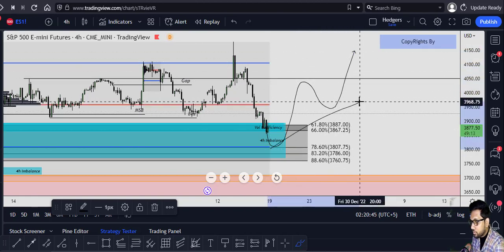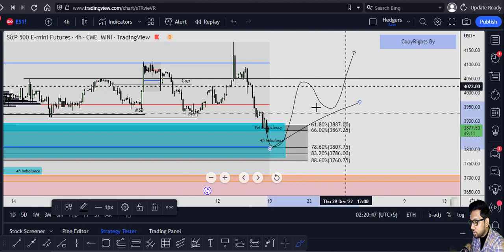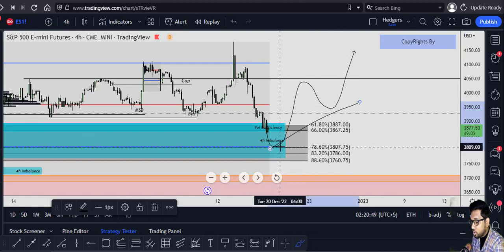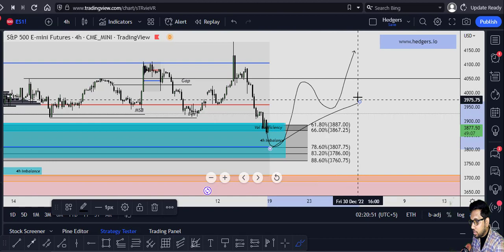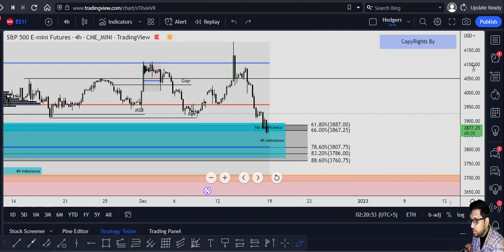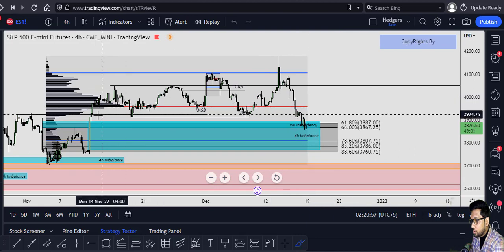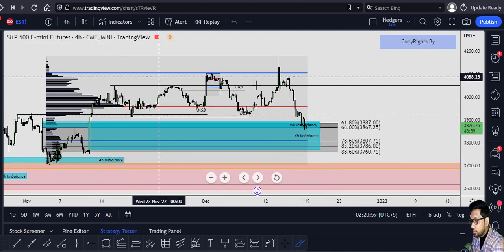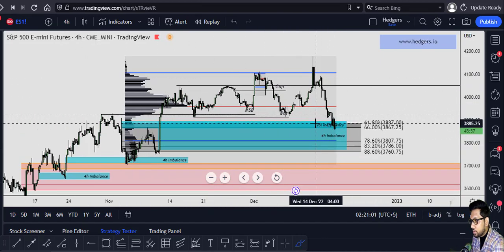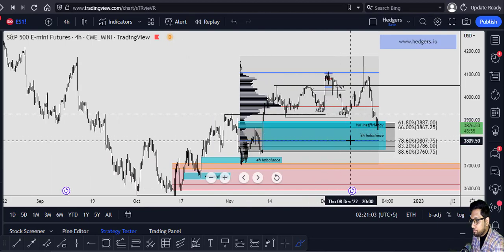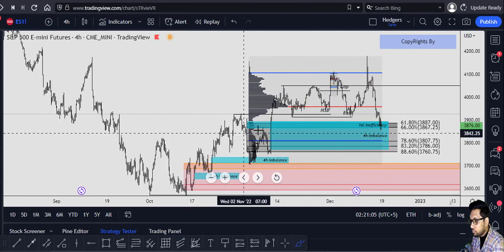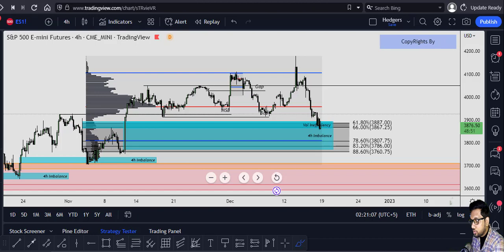If we make some good bullish price structure like higher lows, then we can anticipate that it's going to more upside. Right now it's kind of range bound and consolidating above the change of character, probably you can say.